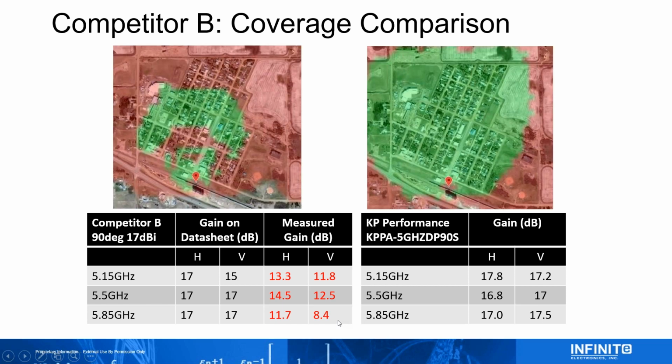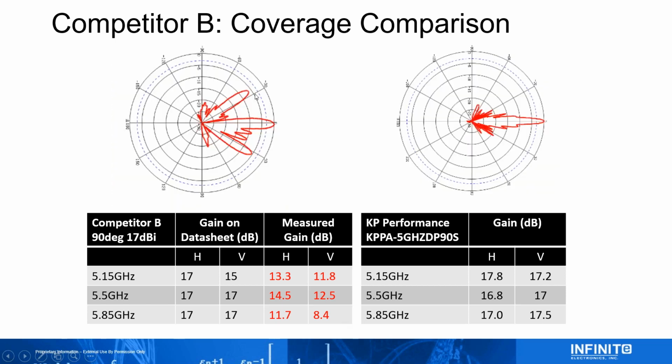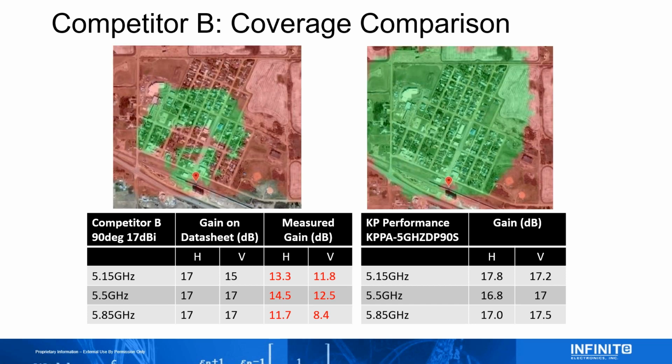And the reason is because the side lobes on the competitor's just shoot up. It's shooting half the power upwards and half the power close to the ground. You're going to run into some issues here. This is also probably going to fail the U-NII-1 spec at the 5150 to 5250 band. So it's what we saw. We actually went and mounted this antenna.